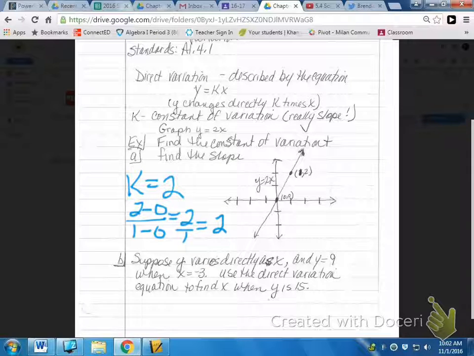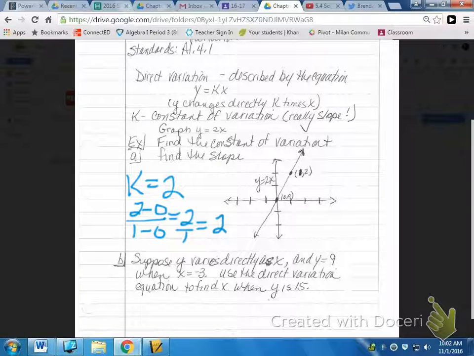But we really already knew that. So as you're looking at these lines and they give you the equation, the number in front of your x is your constant of variation and that is your slope.